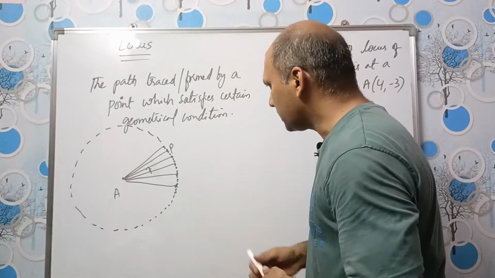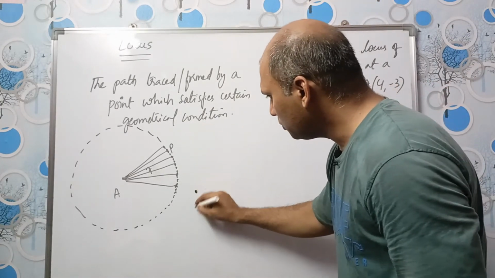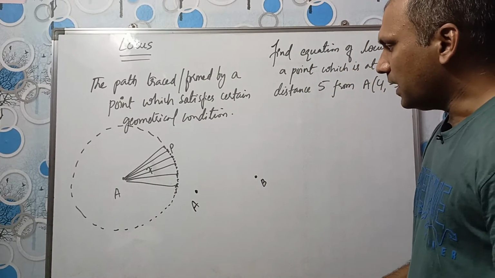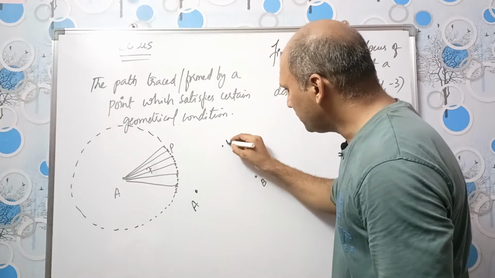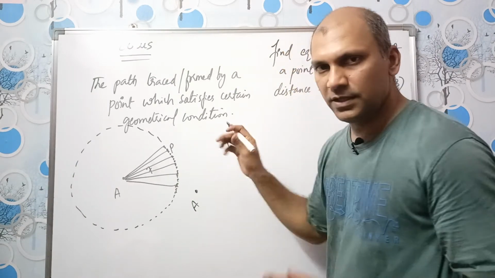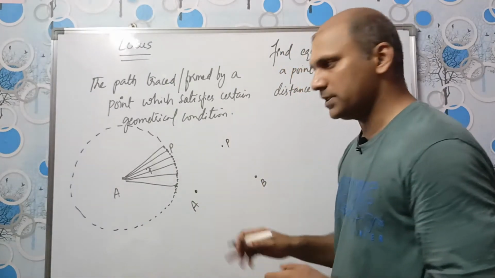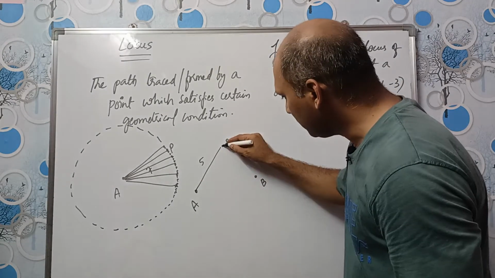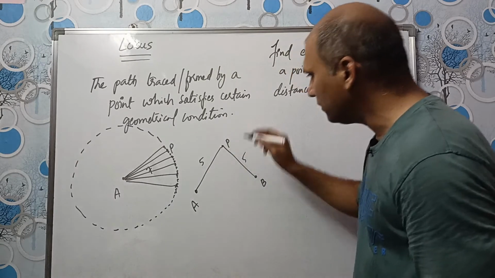I can give you one more example. Let us say there are 2 points. Let us say we have A and B, and let us say we have point P, and this point P is equidistant from both the points. Equidistant means equal distance. That means, if this distance is 5, this distance is also equal to 5 units.